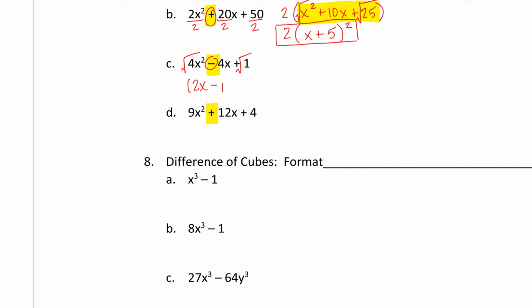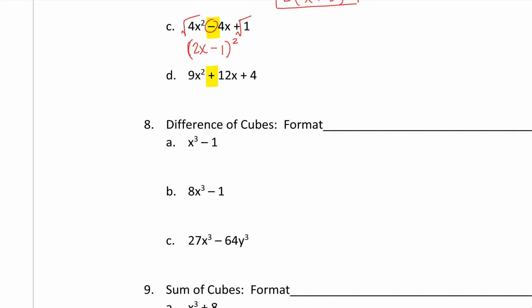The square root of 1 is 1, squared. D. I have a 9x squared, 12x, and a 4. Can I take the square root of the first term and the last term? Yes. So I end up with a 3x, a positive sign. The square root of 4 is 2, and I square it.